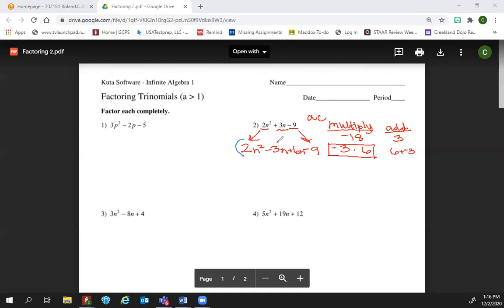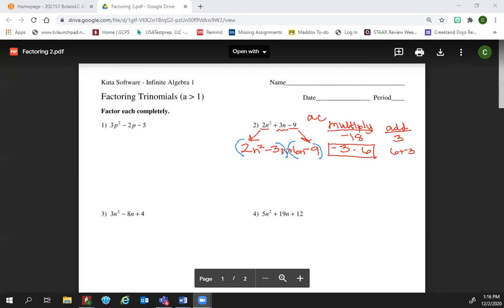The next step would be to do what? Parentheses, right? So put parentheses. The parentheses remind you to take out what? Greatest common factor.